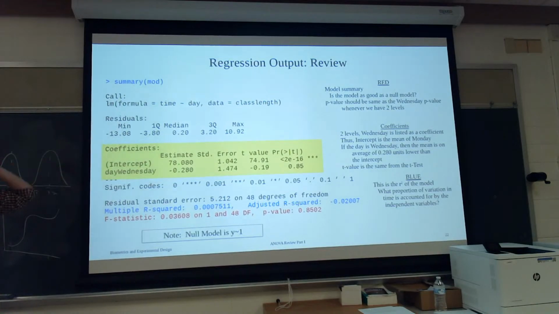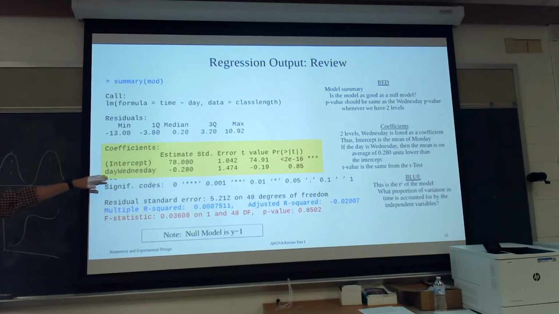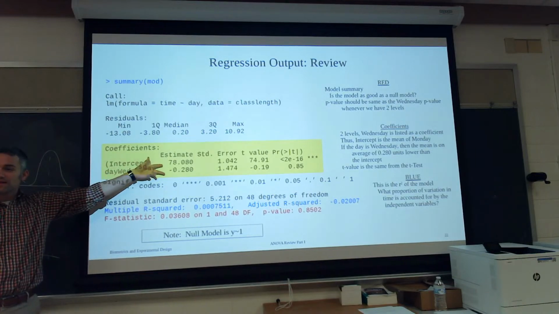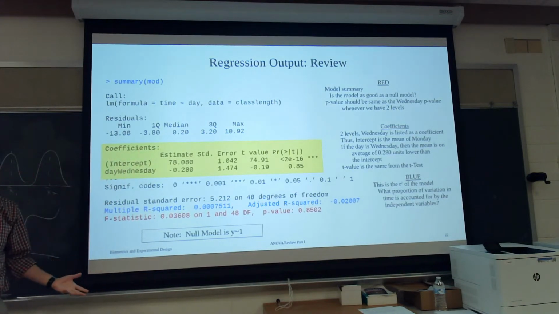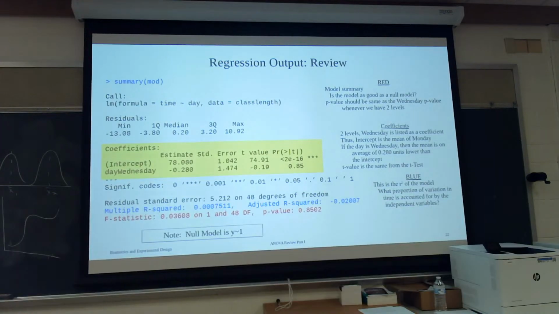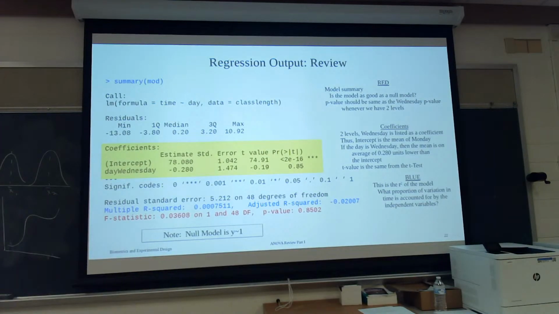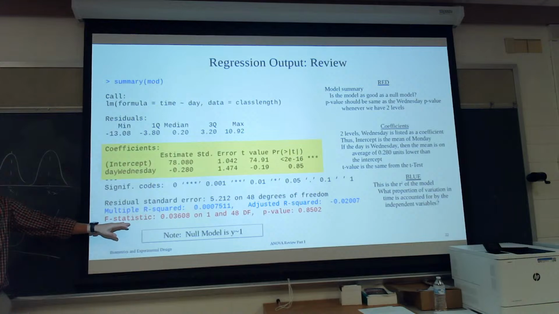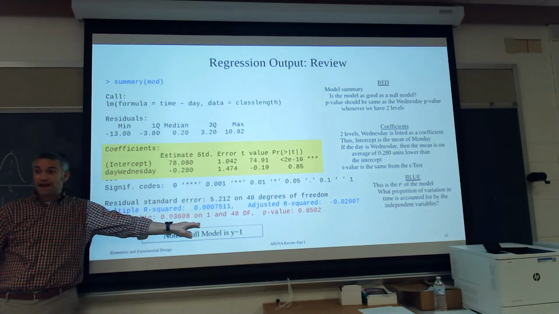It also lists all of our coefficients here. Our intercept. This is basically giving us the equation of the best fit line. Right? And again, we'll talk about these. For us, we're mostly interested in these two, the blue and the red terms, for a regular simple ANOVA. That's typically what we're interested in. The red is the same information that came from that ANOVA table.